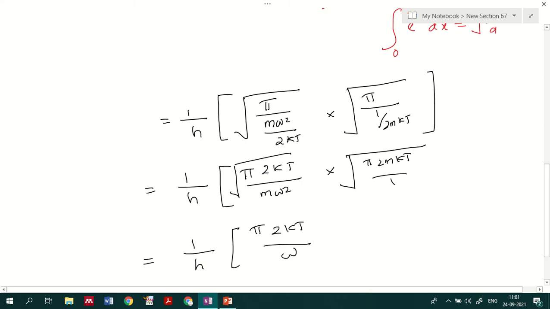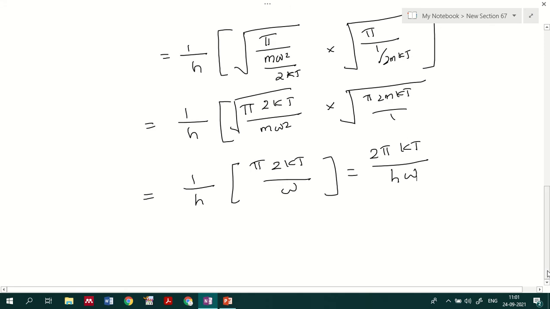Okay, because root pi 2 kt and root 2 pi kt, if you multiply, you will have pi 2 kt, and root m will get cancelled, and we'll have omega square. If you take it outside the root, you will have omega. So what you will be getting is 1 by h pi 2 kt omega, which we can write as 2 pi kt divided by h omega, where h is the Planck's constant.